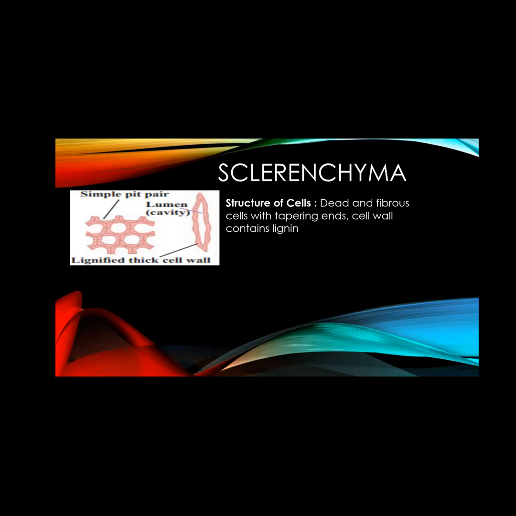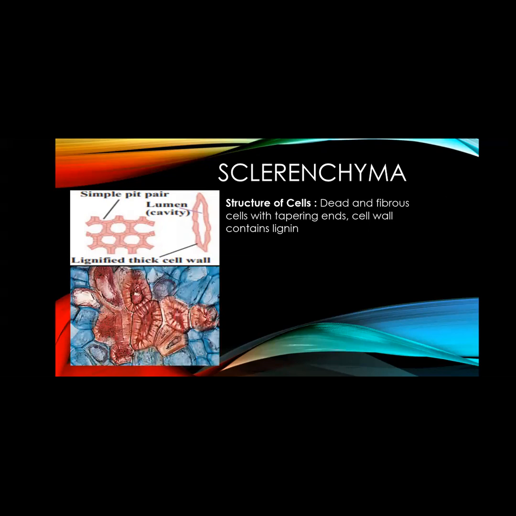Now, again observe the cell wall of the Sclerenchyma. It is much thicker. This is the section of Sclerenchyma observed under the microscope. When we observe it under the microscope, we see the cells appear brownish in color with a thick wall.